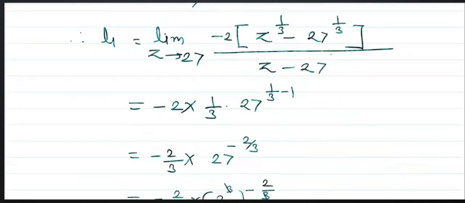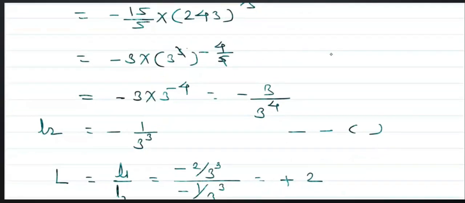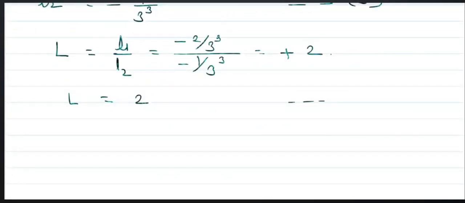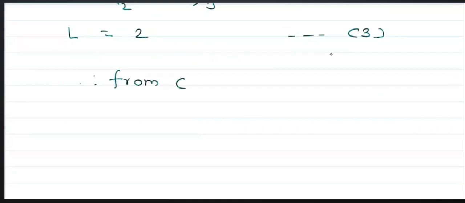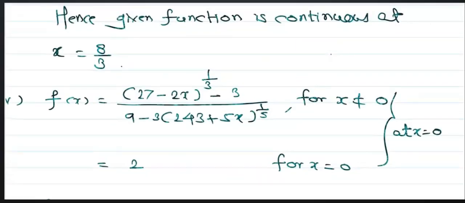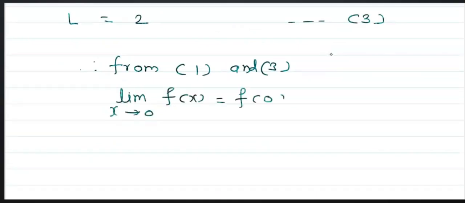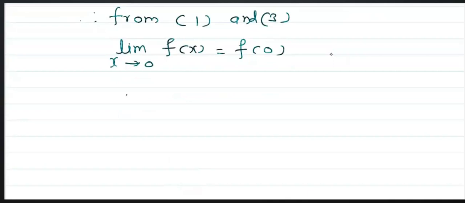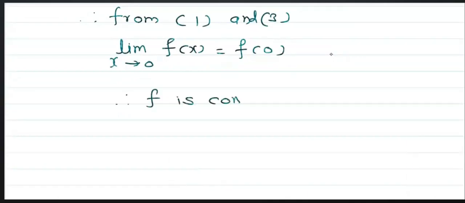This is the final definition. Therefore, from 1 and 3, limit x tends to 0, f of x is equal to f of 0, continuous at x equals 0.